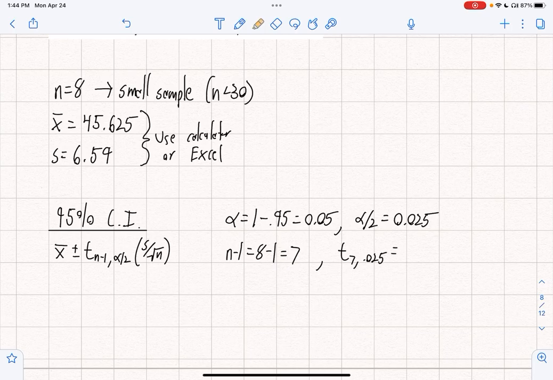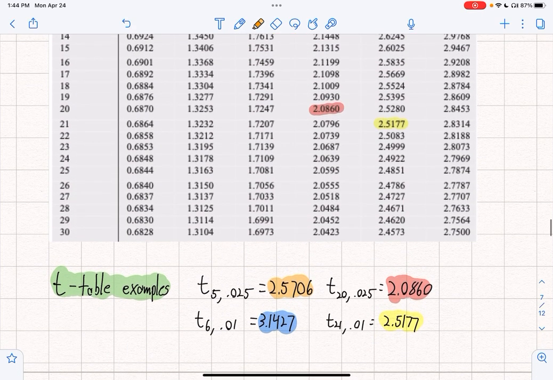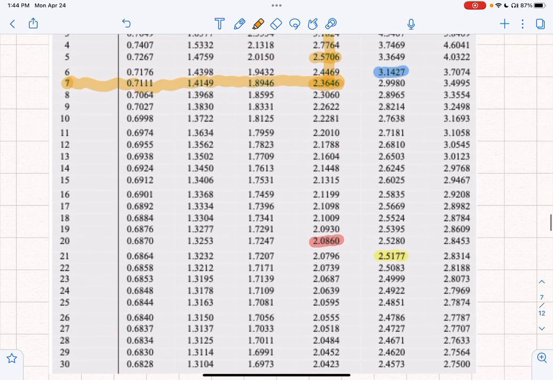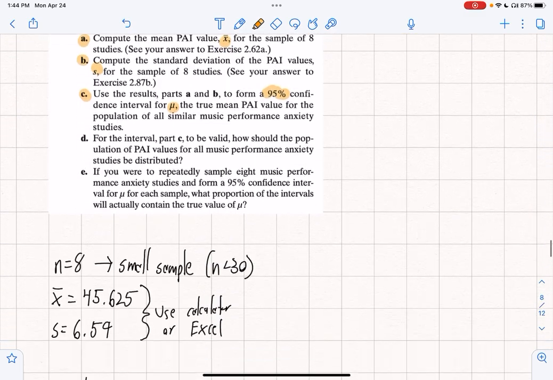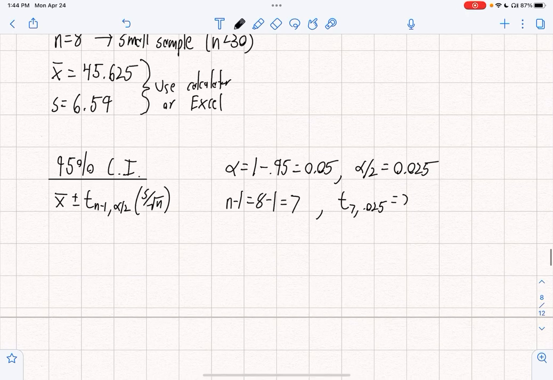All right, so let's go ahead and look at our table. These were our examples from before. So what did we say? 7 degrees of freedom, and we want 0.025. Our number here is going to be 2.365.